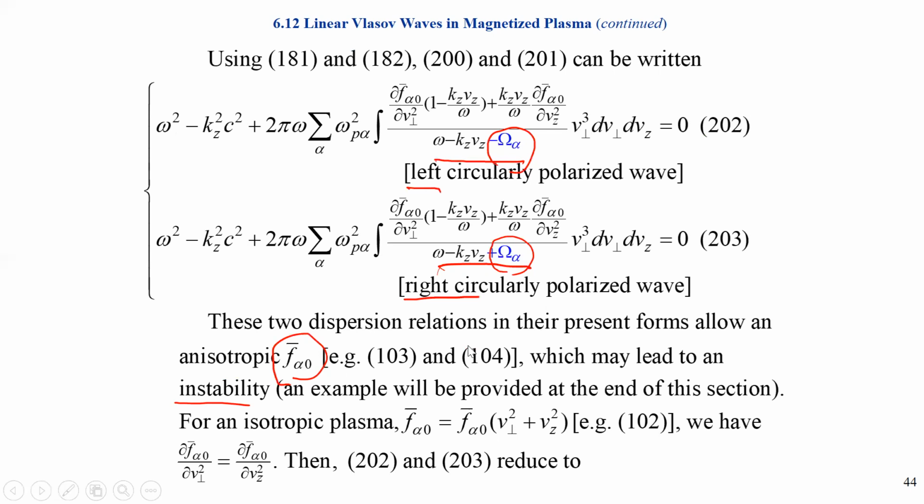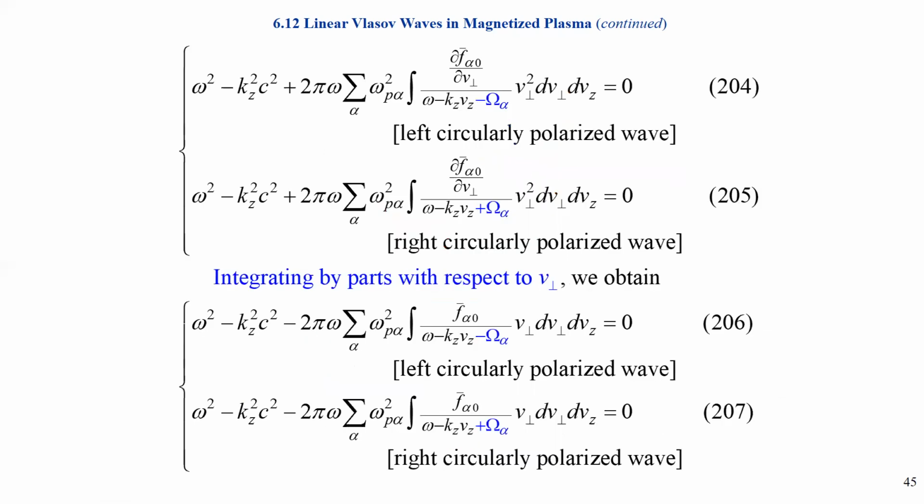We will provide this at the end of these sections. For an isotropic plasma, we have this one. These two are equivalent. For an isotropic plasma, it can be reduced to this form.